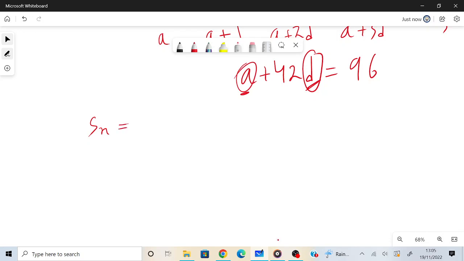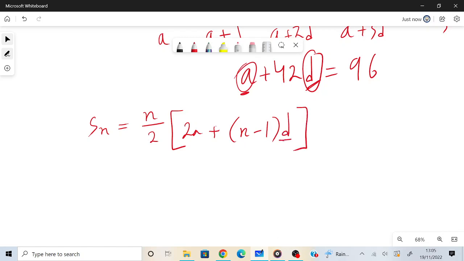This is the formula, which goes as n over 2 brackets 2a plus (n minus 1) d, where again your d is your common difference, your a is your first term, and your n is simply the number of terms you're trying to find. So suppose they said to you to find the sum of a particular progression until 30 terms, or the first 25 terms.